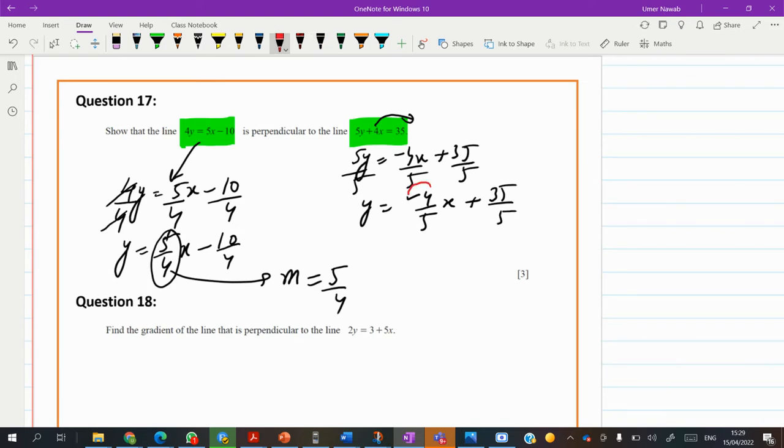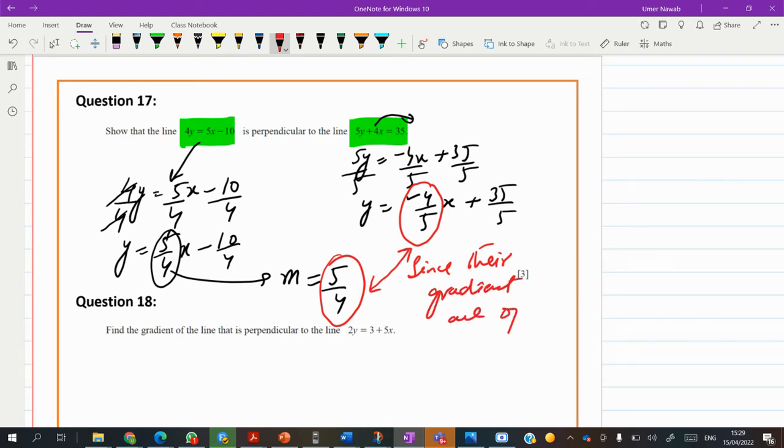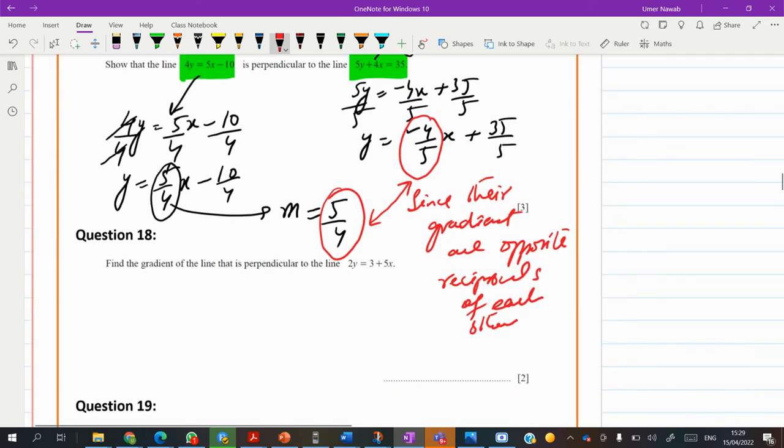Now, boys, check that this gradient and this gradient are negative reciprocals. So since their gradients are opposite reciprocals of each other, that's why they are perpendicular.